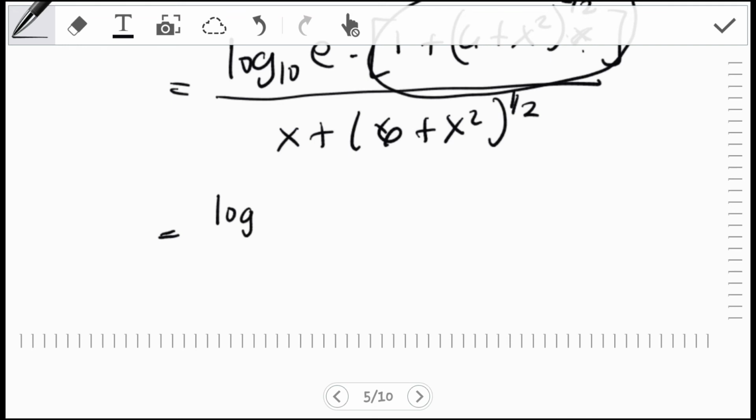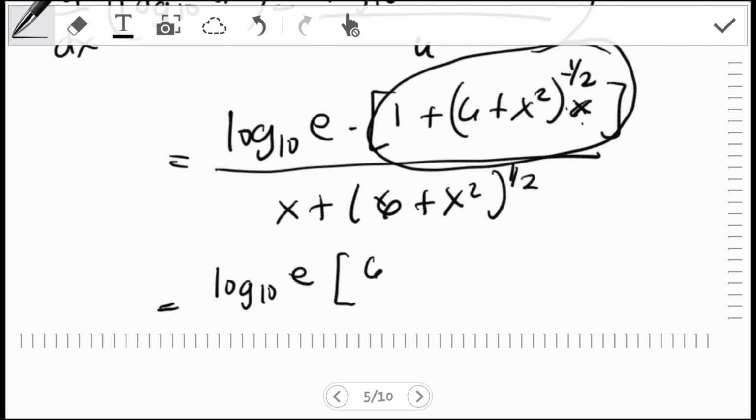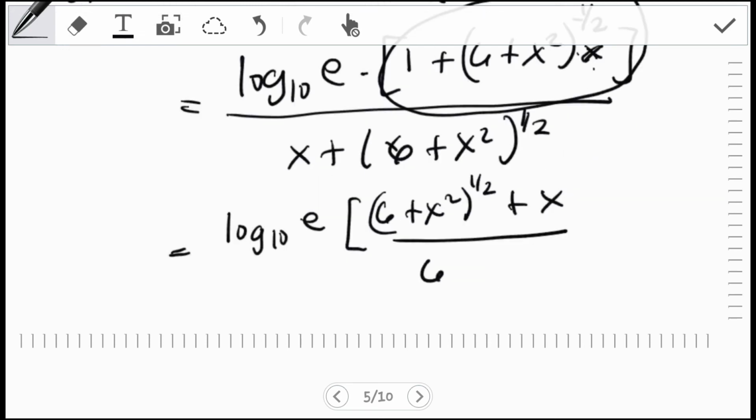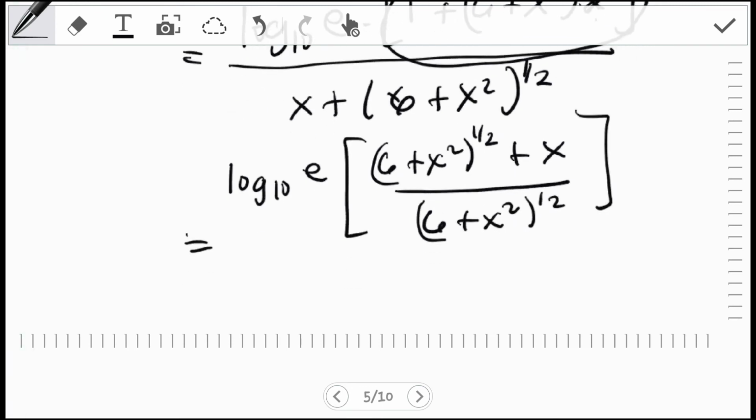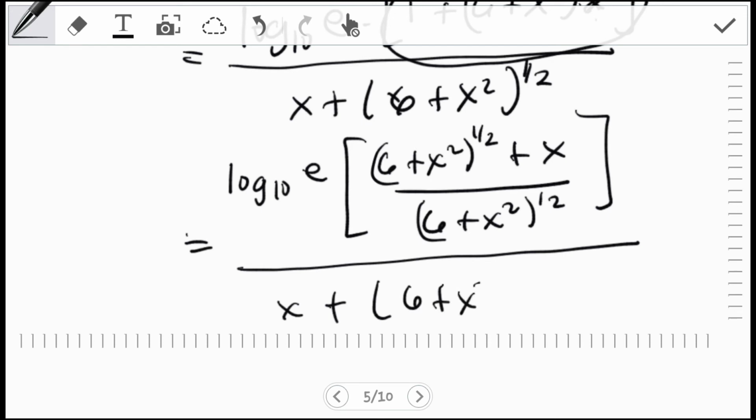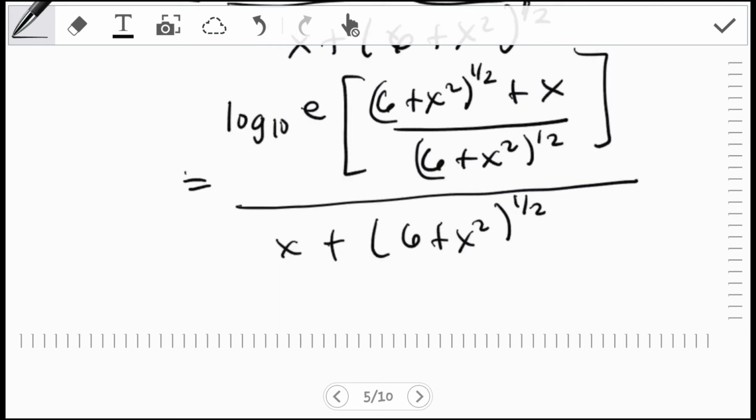Log to the base 10 of e, 6 plus x squared to the power 1/2, plus x over 6 plus x squared to the power 1/2, over x plus the quantity of 6 plus x squared to the power 1/2. Now cancel this.